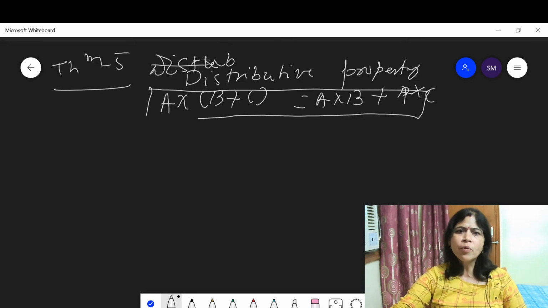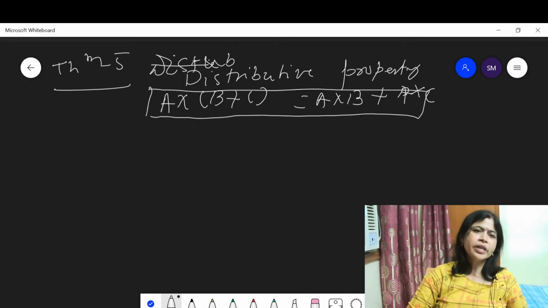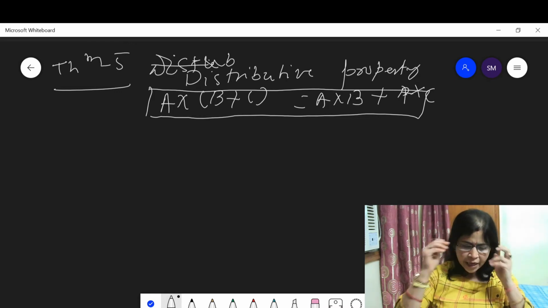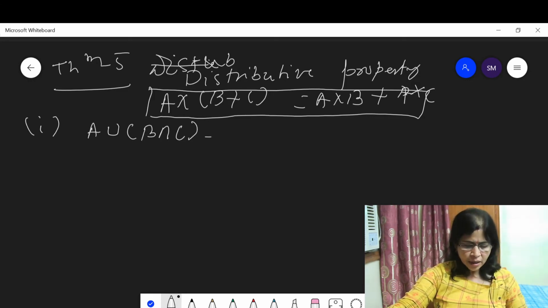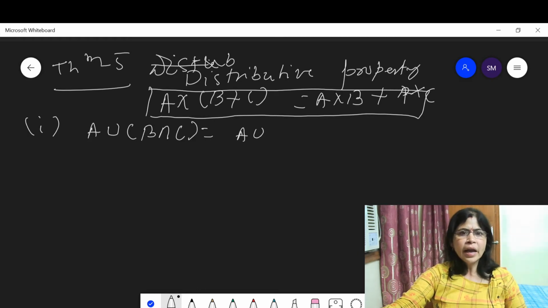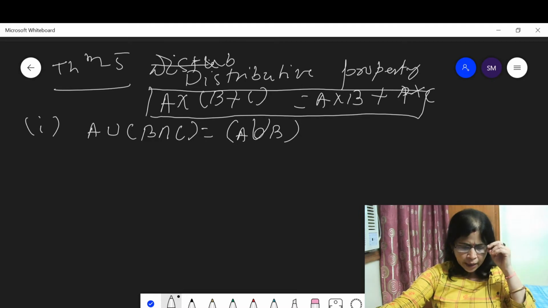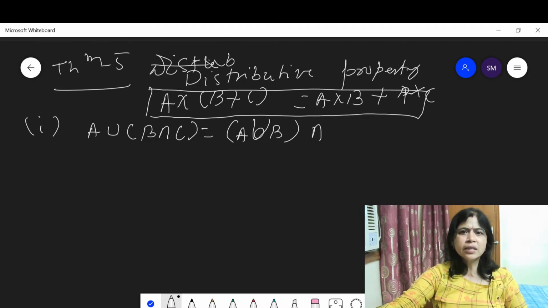In the same way, for set theory, we can prove the distributive property. Here the first part of the distributive property says that A union (B intersection C) is equal to (A union B) intersection (A union C).